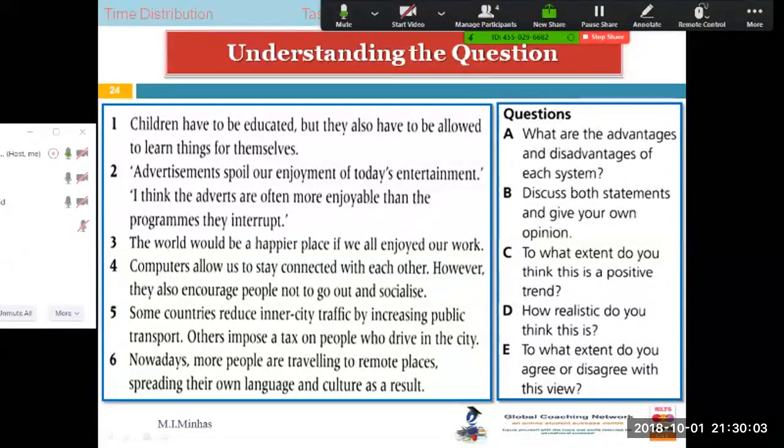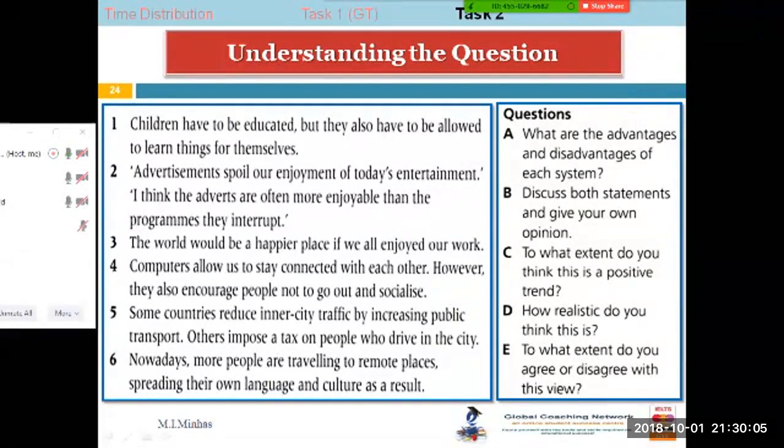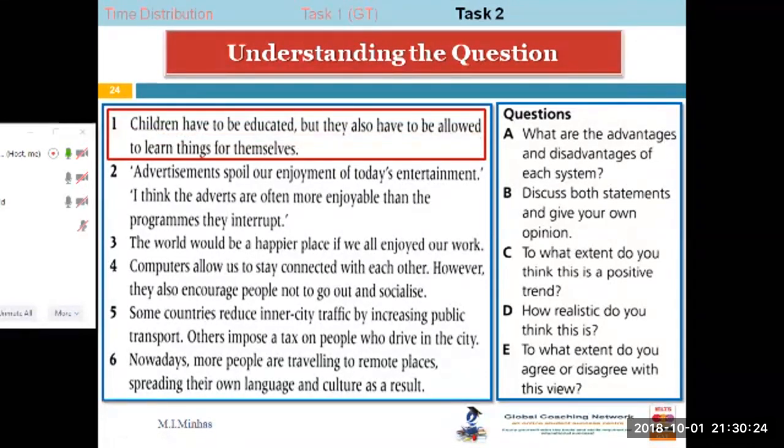Now here, I want to explain what kind of questions you may expect. In that, there's one very important example that all of you should focus on. I'll tell you when it will come, right?